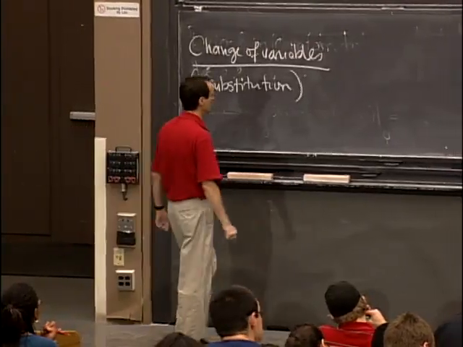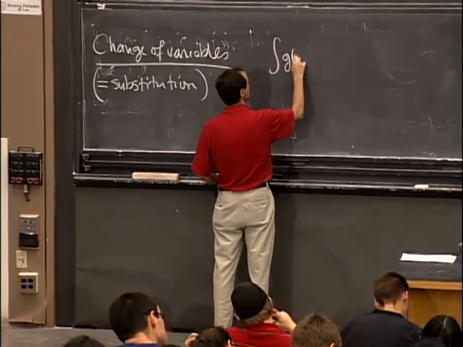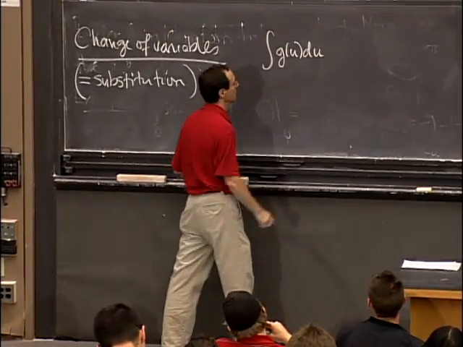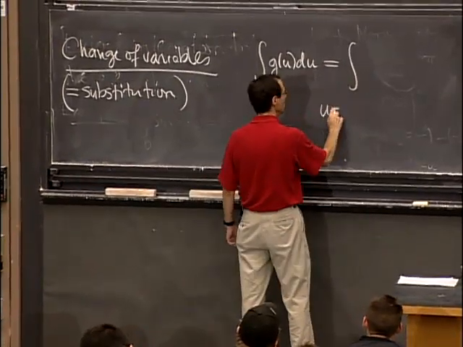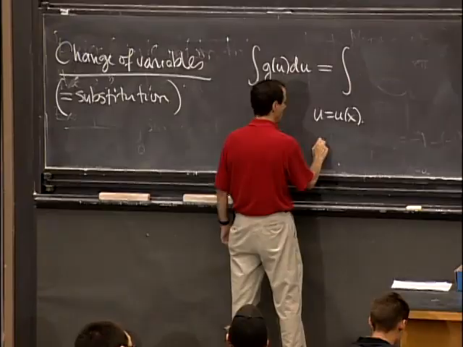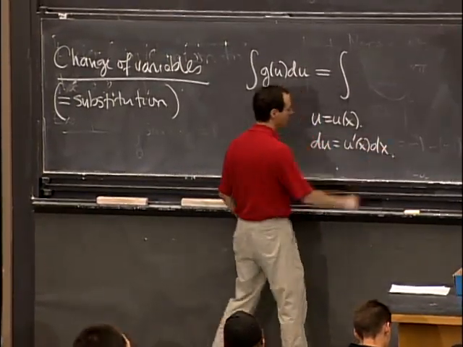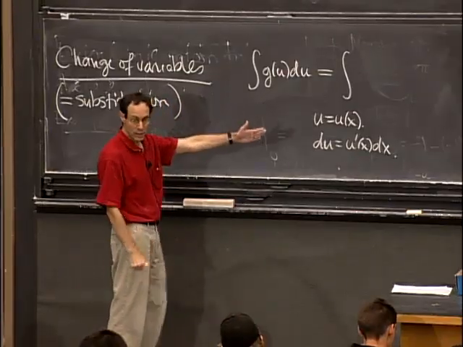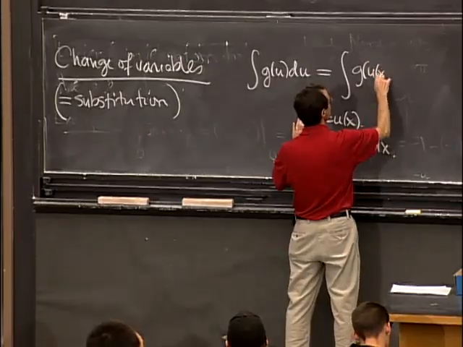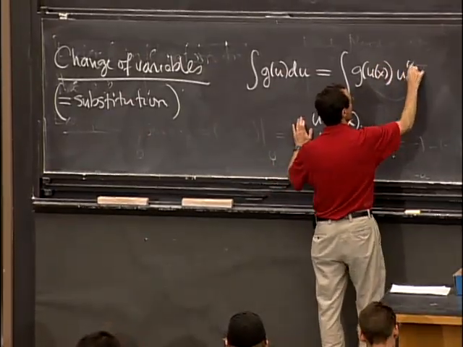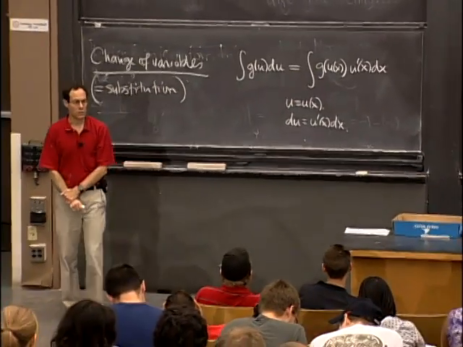The idea, if you may remember, was that if you're faced with an integral like this, you can change it: if you put in u equals u of x, and du equals u prime of x dx, then you can change the integral as follows. This is the same as the integral of g of u of x times u prime of x dx. This was the general procedure for substitution.